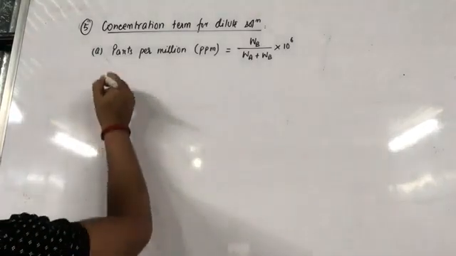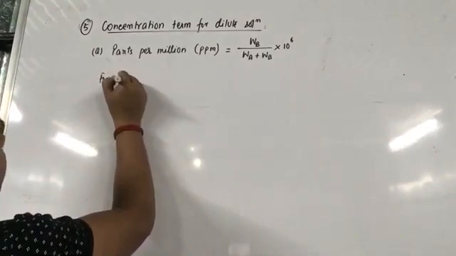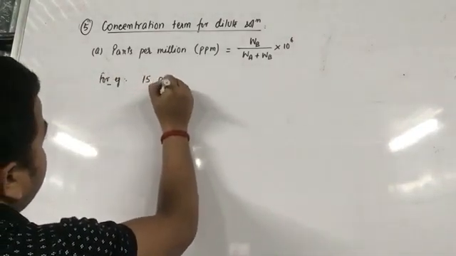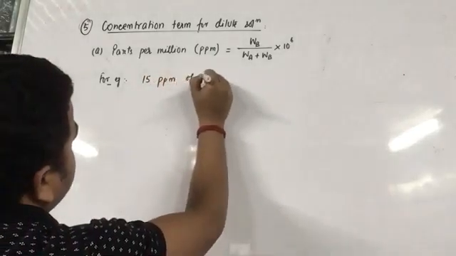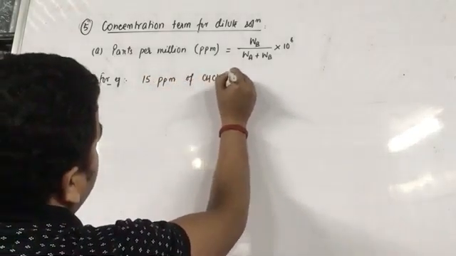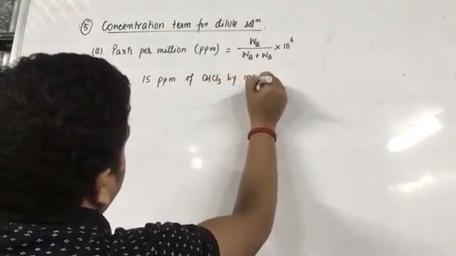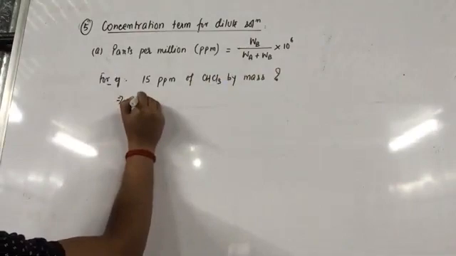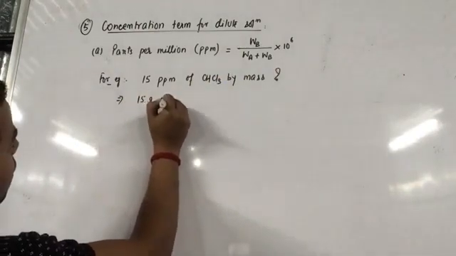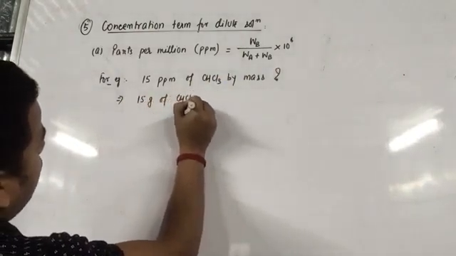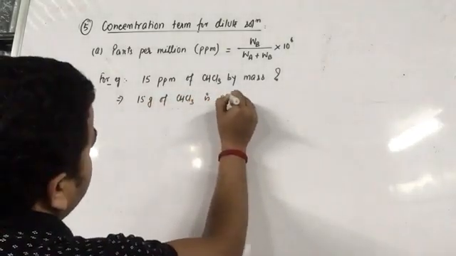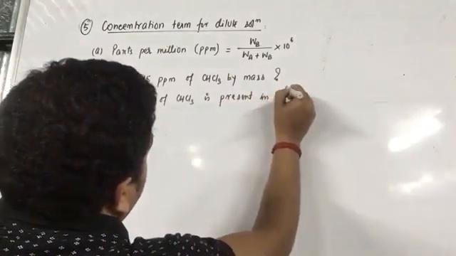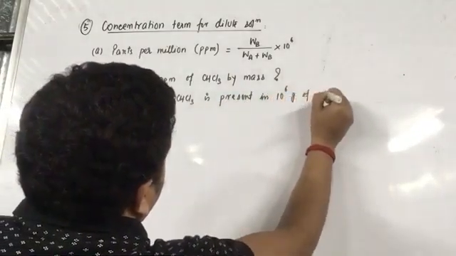So what does it mean? For example, if a solution has got 15 ppm of chloroform by mass, as written in the question, what does it stand for? This implies that 15 gram of solute chloroform is present in 1 million gram of solution.